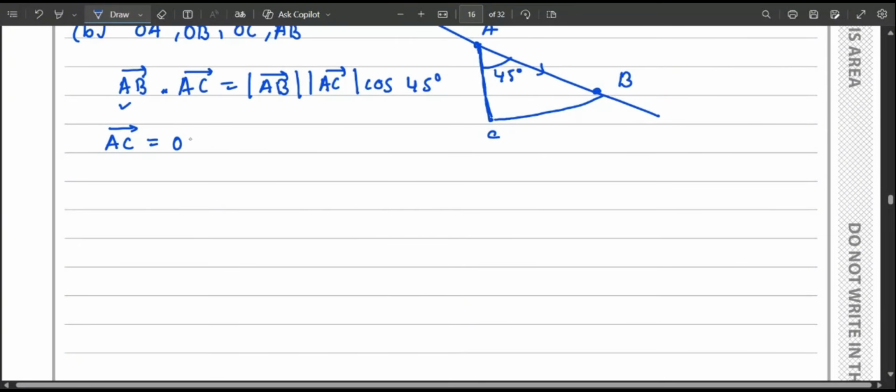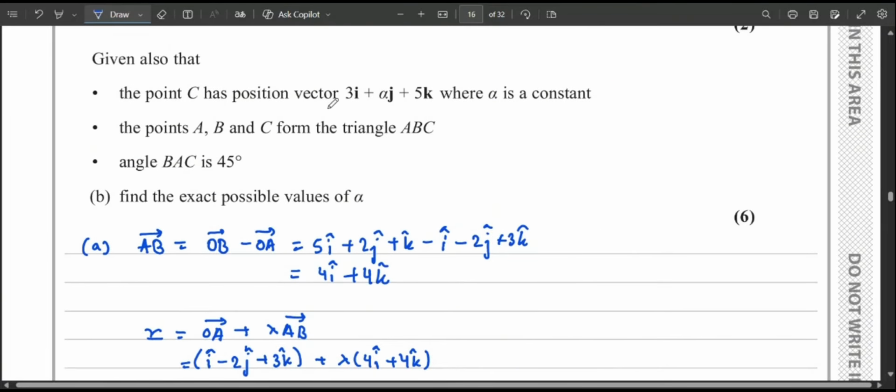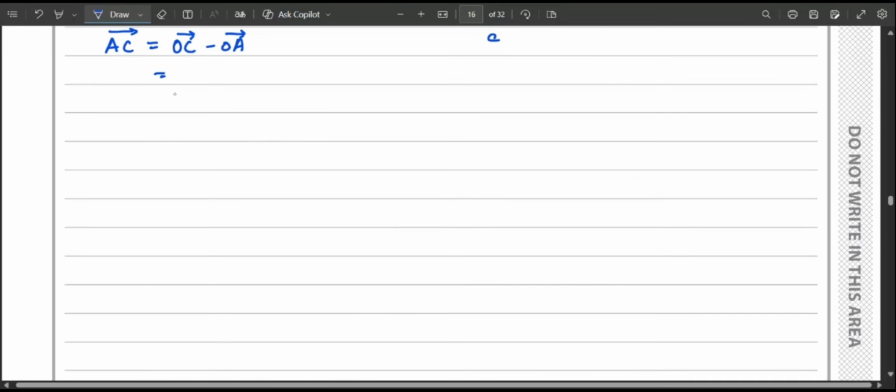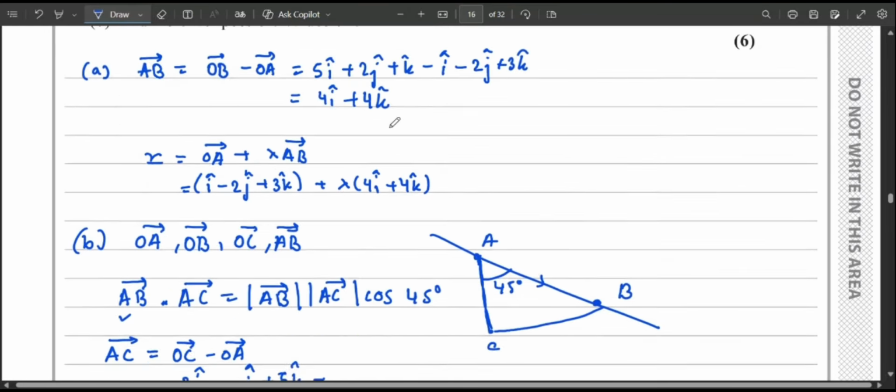We know AC is equal to OC minus OA. OC is equal to 3i plus alpha j plus 5k, and OA is the position vector i plus 2j plus 3k.